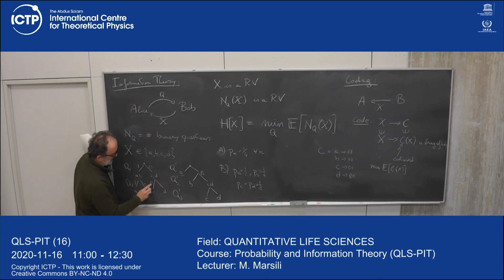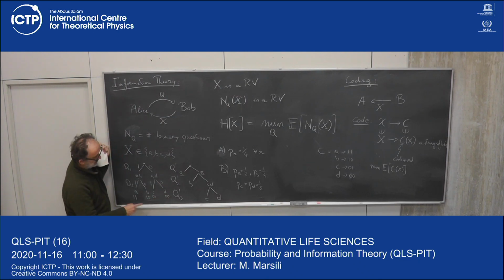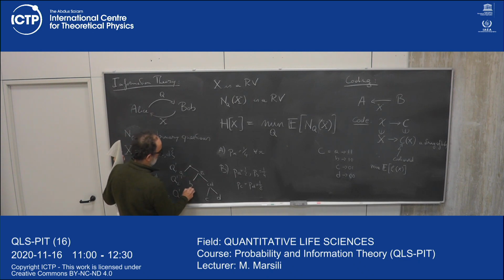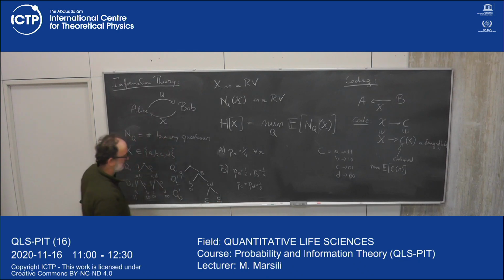This to a bit string of 0, 1, and D to 0, 0. Okay, so likewise, this would correspond to a different code where A corresponds to 1, B corresponds to 0, 1, C corresponds to 0, 0, 1, and D corresponds to 0, 0, 0. Okay?